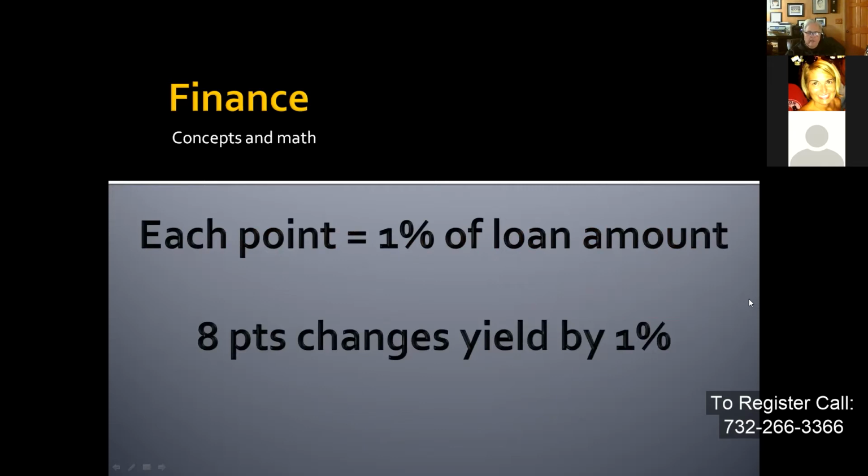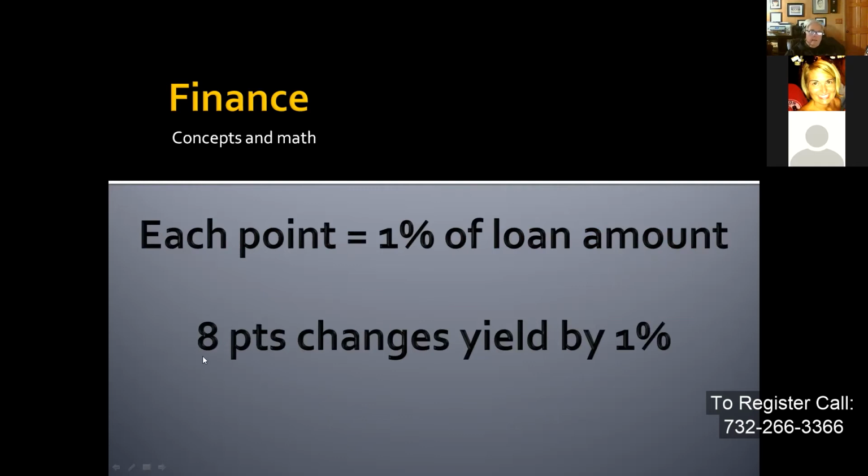Instead, they're going to tell you the sales price and how much the buyer is putting down. And then you'll have to go backwards from the sales price and subtract the down payment, and that'll tell you how much the loan is. So each point is 1% of the loan amount. If you're borrowing $150,000 and you're paying 1 point, it's $1,500.